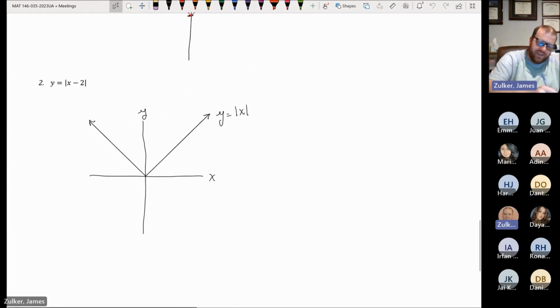So if we look at this, this would be f of x minus 2, wouldn't it? Because we're dealing with absolute value of x. So notice what we're doing this time is we're affecting the input, and so we're affecting the domain.